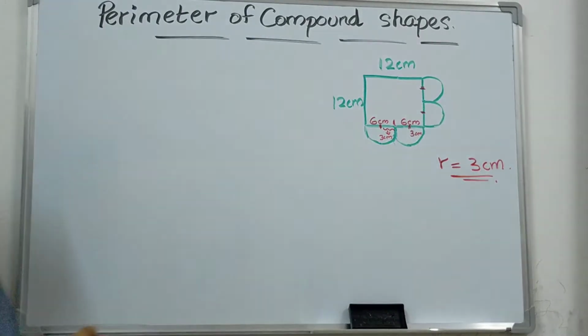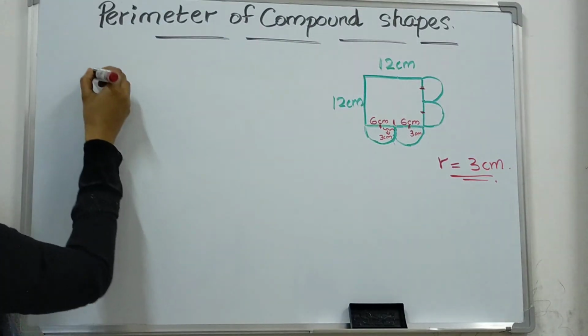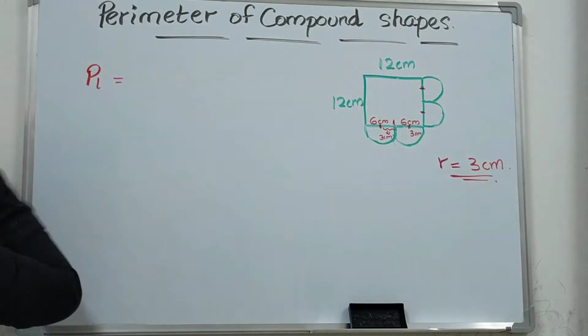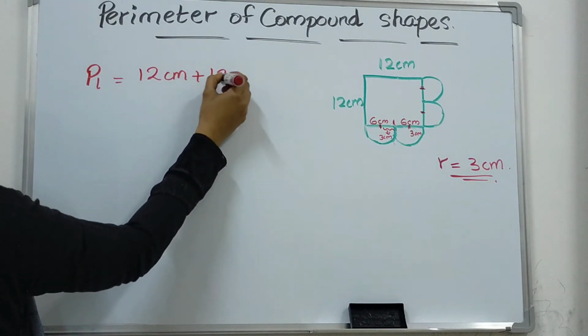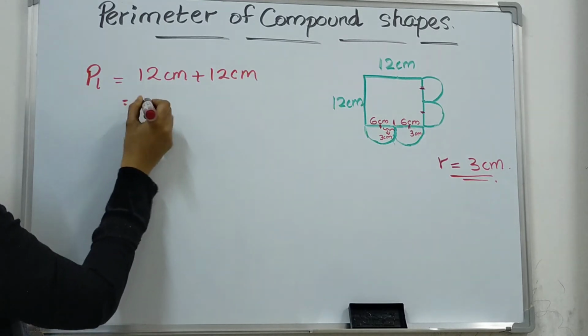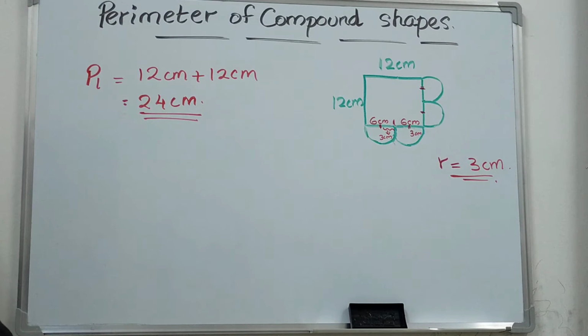Okay. And what are the things we have to find to get the perimeter of this compound shape? First of all, we want to add the first 2 parts, which I am just considering as P1, which is 12 centimeter and 12 centimeter. You will get 24 centimeter. And what about the second one?